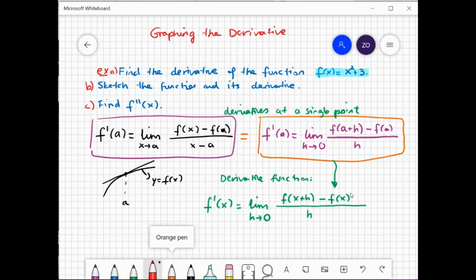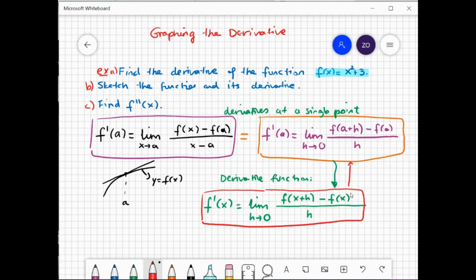Realize the similarities and differences between these two formulas. The only thing that's different is the first one is at a and the second one is at x. So in the first one we have a plus h.